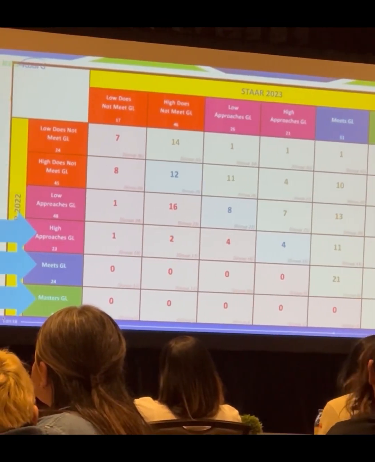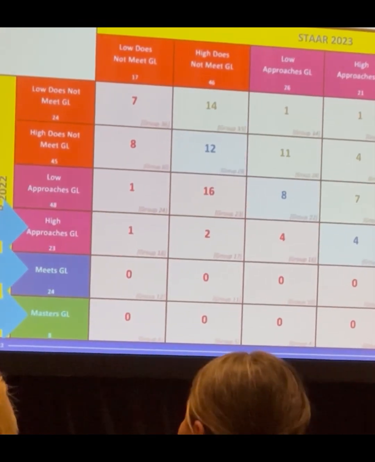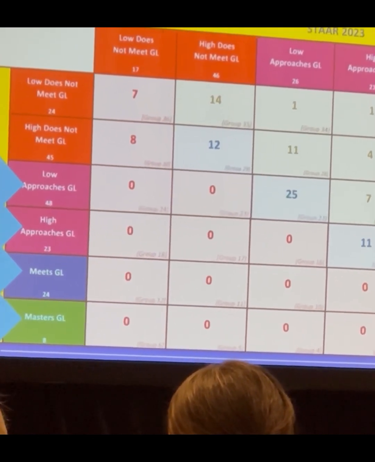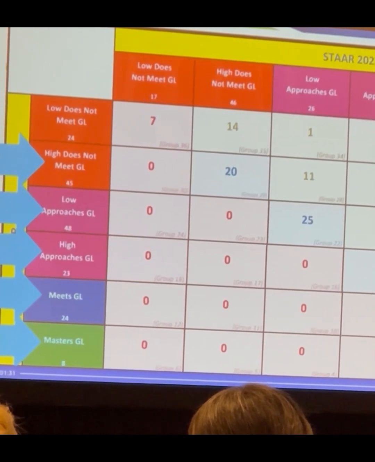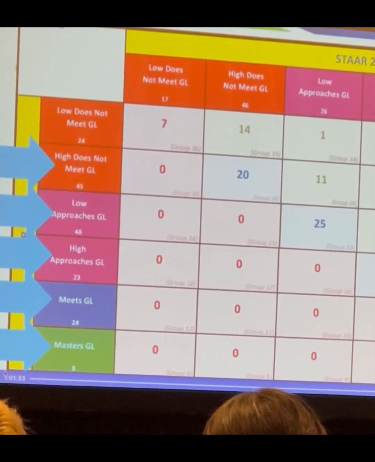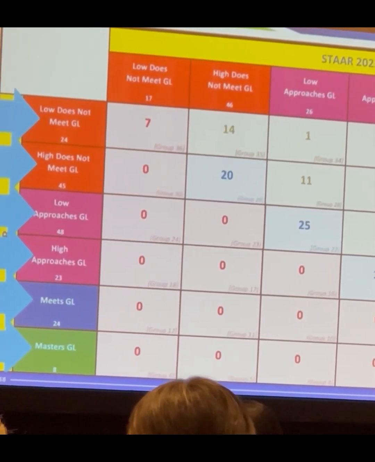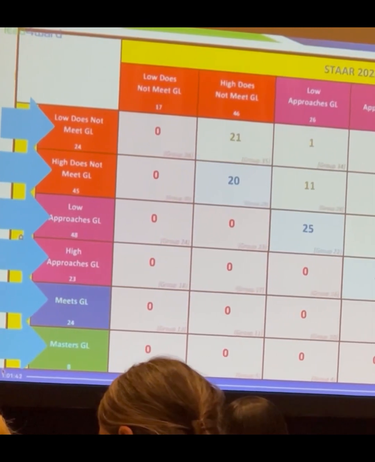What if all of the students who scored high Approaches or better this year, and just kind of continue, what if students had maintained or done better? And what if we had just been able to help kids who scored low Did Not Meet at least get to high Did Not Meet?